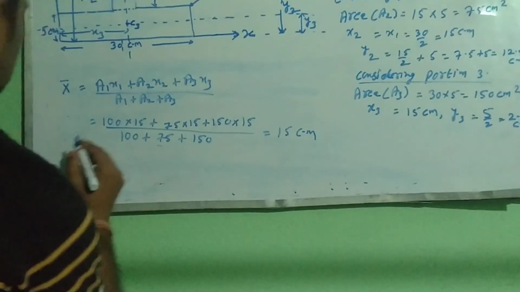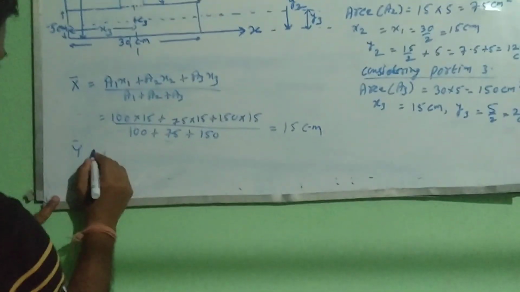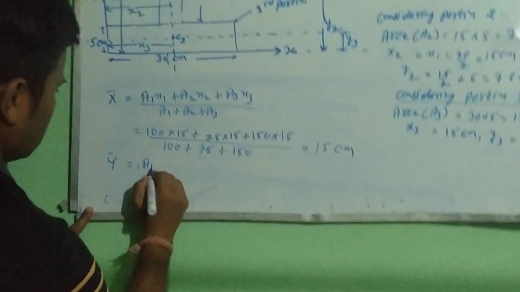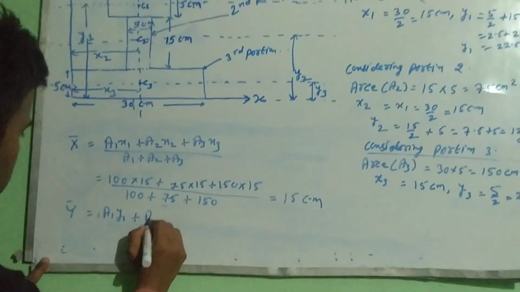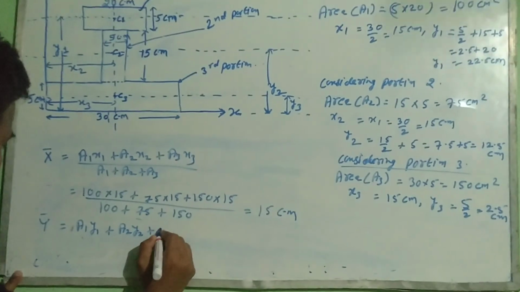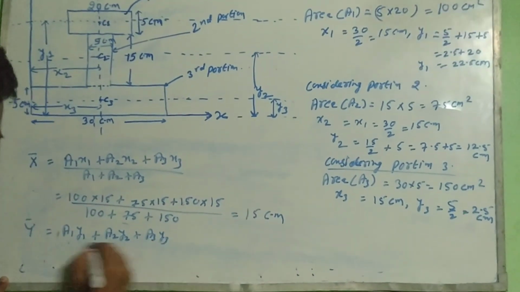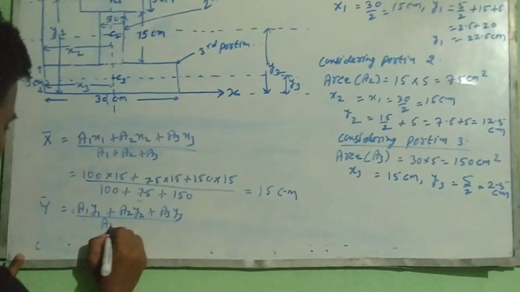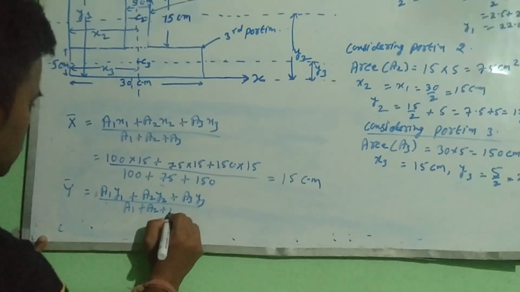Similarly, y bar is A1 y1 plus A2 y2 plus A3 y3 divided by A1 plus A2 plus A3.